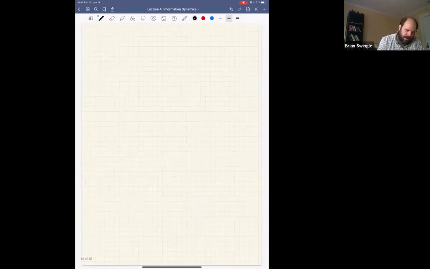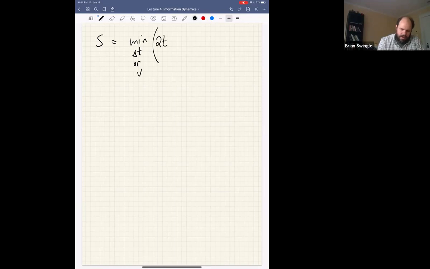And then we're saying that the entropy is equal to the minimum over delta t, or equivalently over v, of 2 delta t s equilibrium epsilon v.